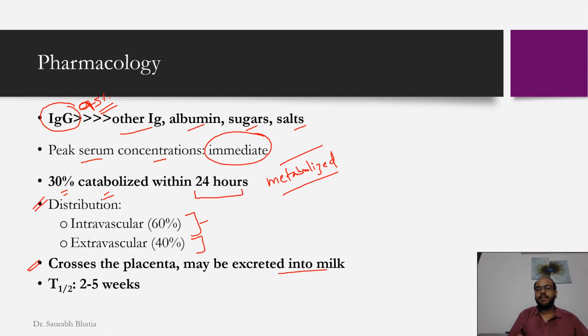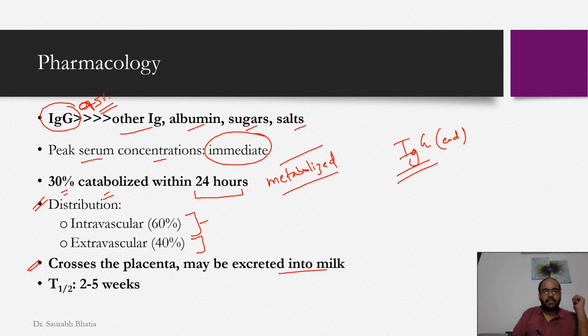Now remember that endogenous IgG, or the IgG naturally produced by the body, also crosses the placenta and may be excreted into the breast milk. And since intravenous immunoglobulins are nothing but a collection of IgG, they will behave the same. So it will cross the placenta, and it will be excreted into the milk.